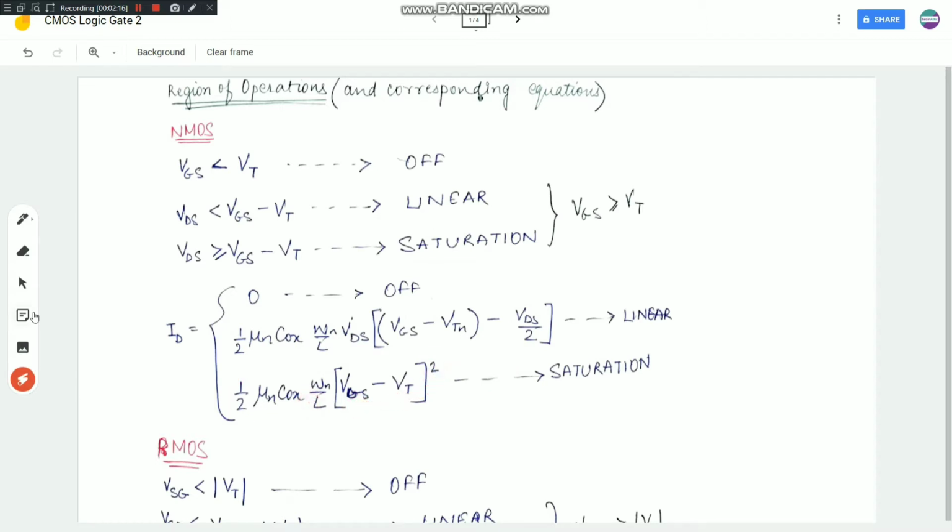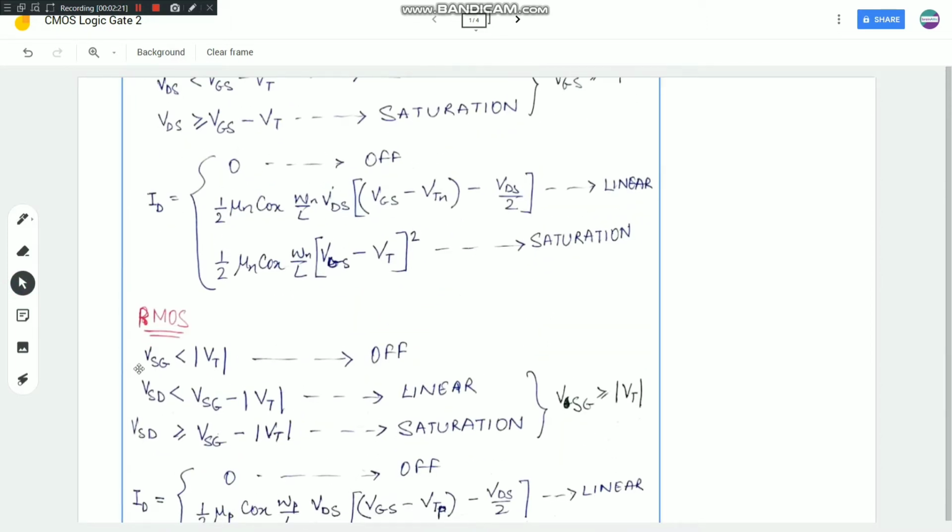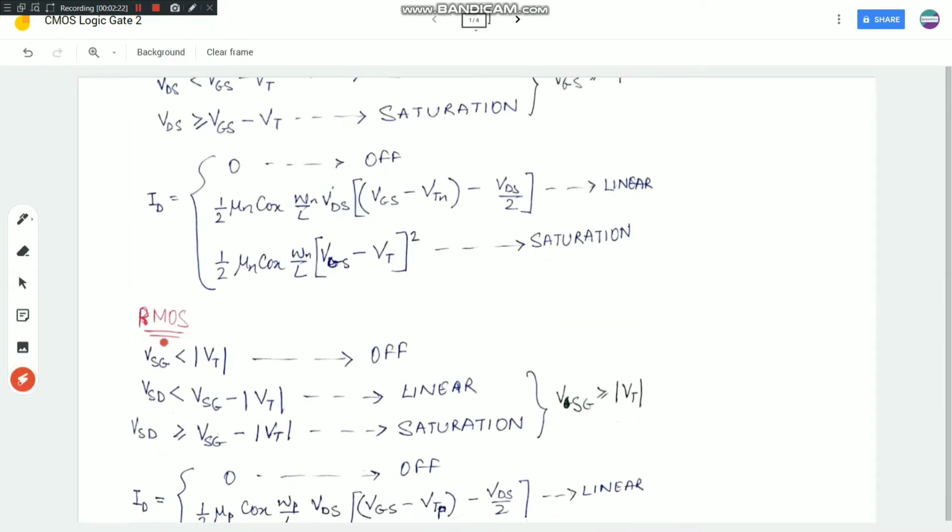Moving ahead, for the PMOS regions of operation, we know that the source is connected to VDD and VT is usually negative. For better clarity, I'm trying to keep the equations the same by applying a modulus sign over VT. So how does it come?